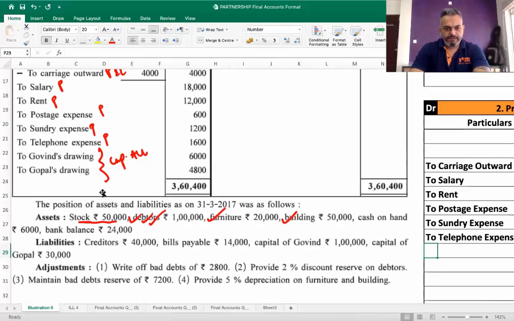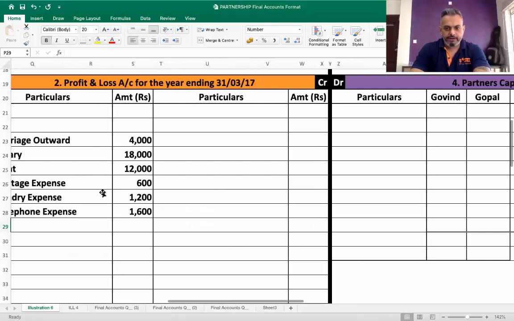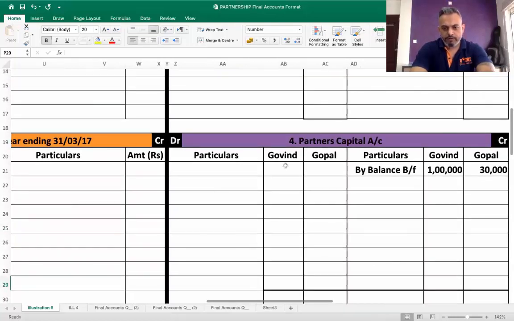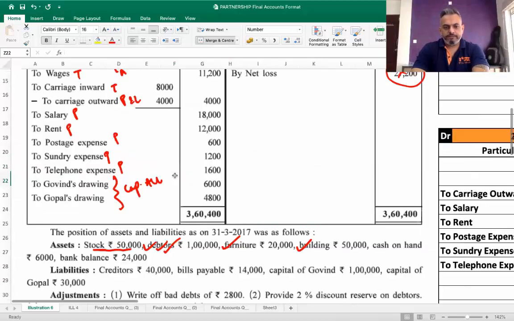Drawings Govind 6,000, Gopal 4,800. Drawings.